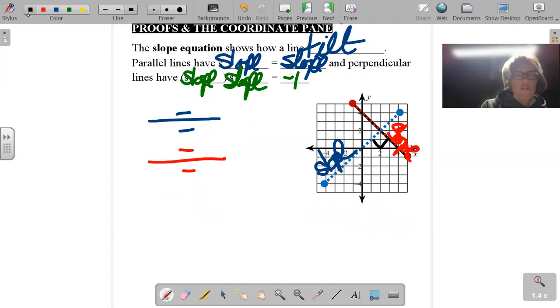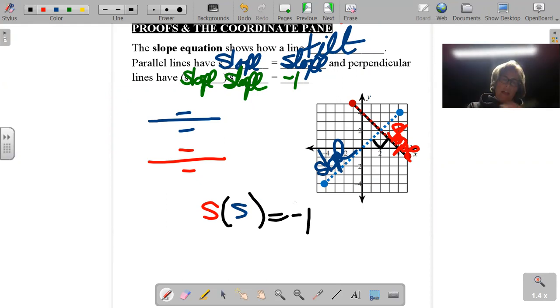And then if those slopes, slope times slope, multiplied to -1, the meaning of that math would be, behold, they're perpendicular, therefore it's a right angle.